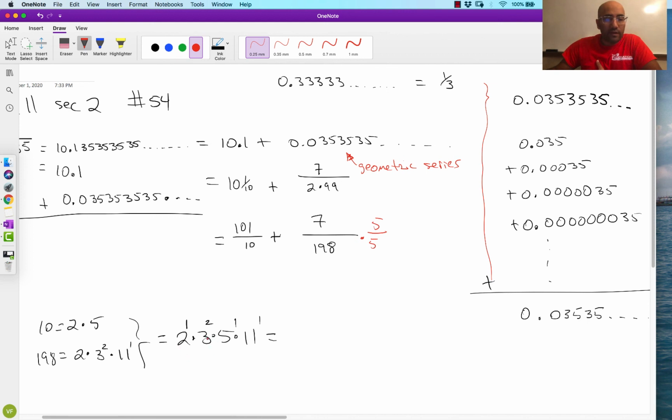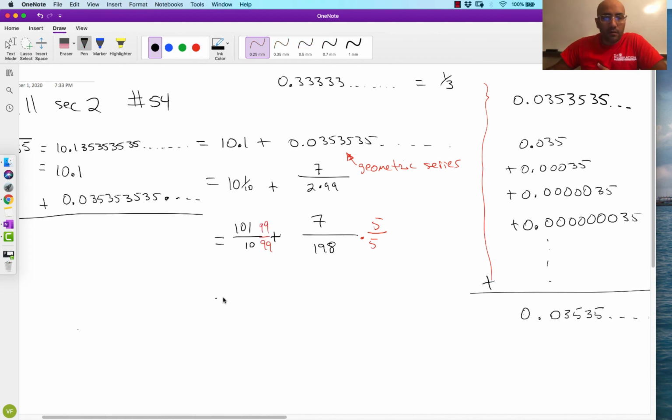It's missing a 9, and it's missing an 11. So multiply by 99. All right, so then this becomes 9999 divided by 990 plus 35 divided by 990.